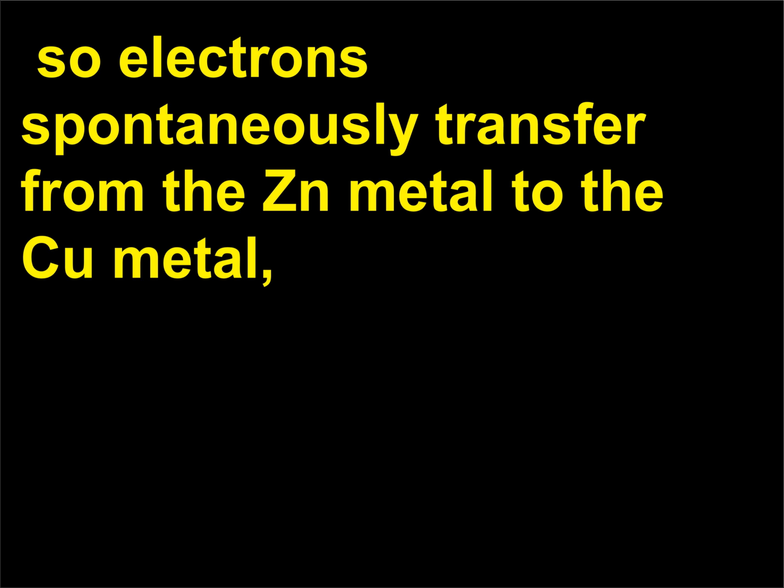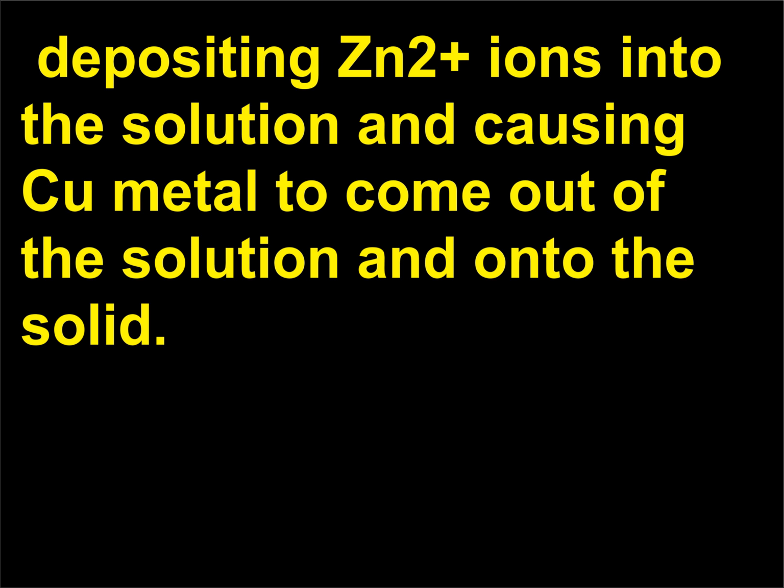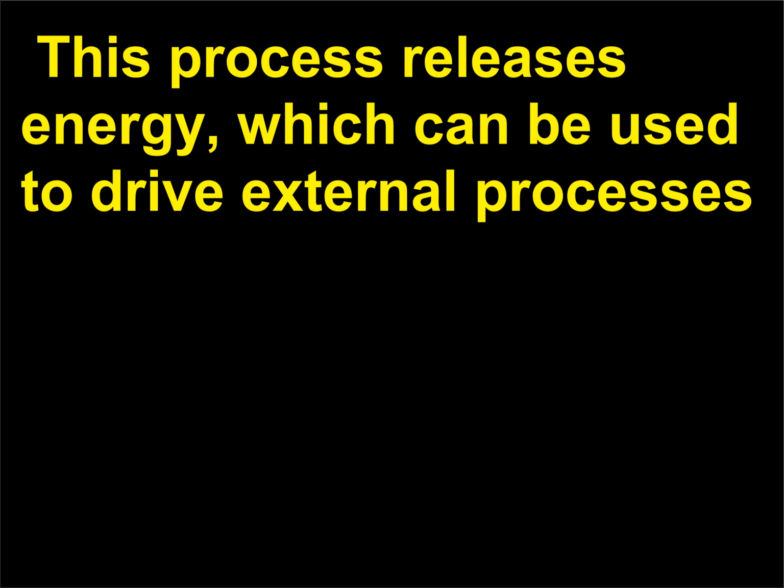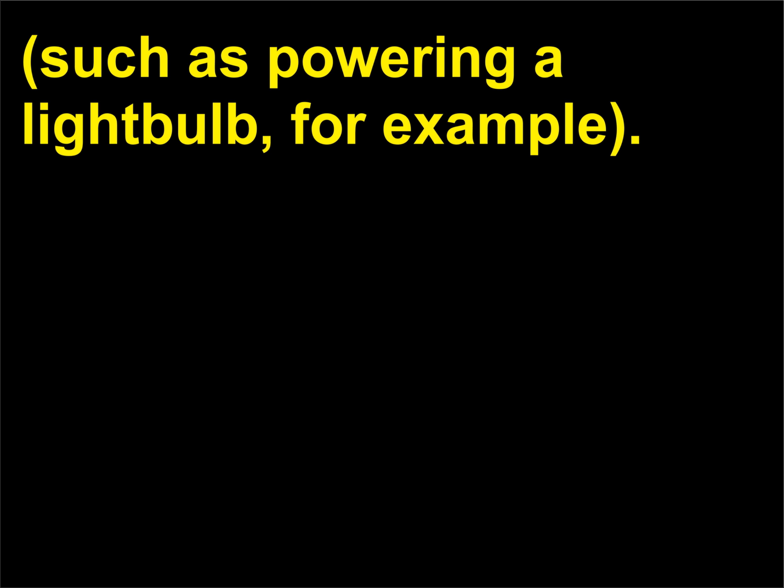So electrons spontaneously transfer from the Zn metal to the Cu metal, depositing Zn2+ ions into the solution and causing Cu metal to come out of the solution and onto the solid. This process releases energy, which can be used to drive external processes, such as powering a light bulb, for example.